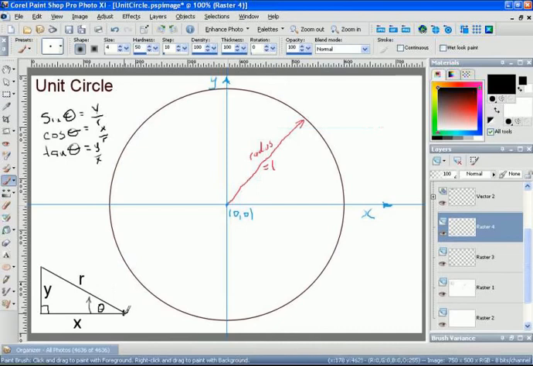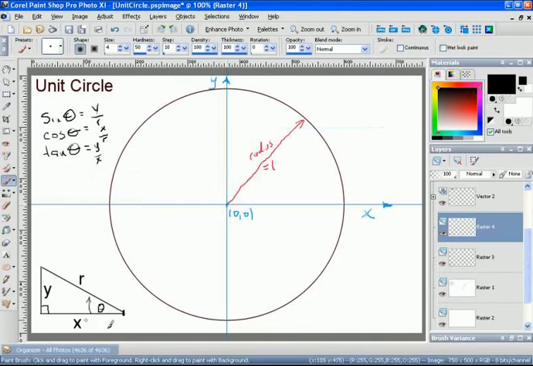And the distance along the hypotenuse is r. So if we have this triangle, then the sine of theta is equal to y over r, so it's this distance divided by this distance. Cos theta is equal to x divided by r, and tangent theta is equal to y divided by x.